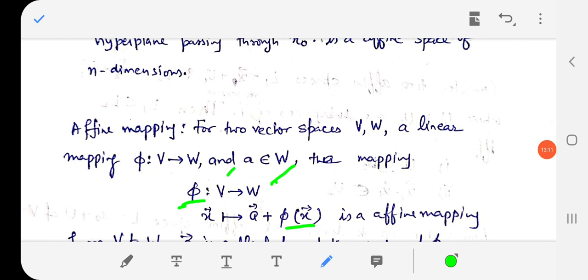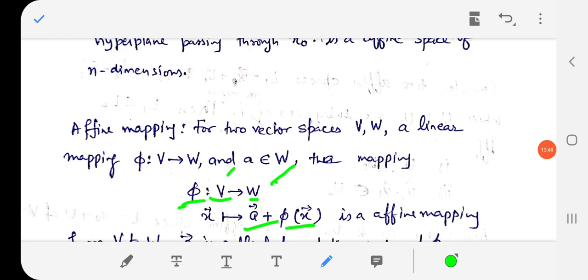Now if after applying the mapping phi, we shift or translate every item by a vector, again the support point, then it is called an affine mapping. Because if phi is a linear mapping, then the origin of vector space V will definitely be the origin of vector space W, that we have proved in the last part.